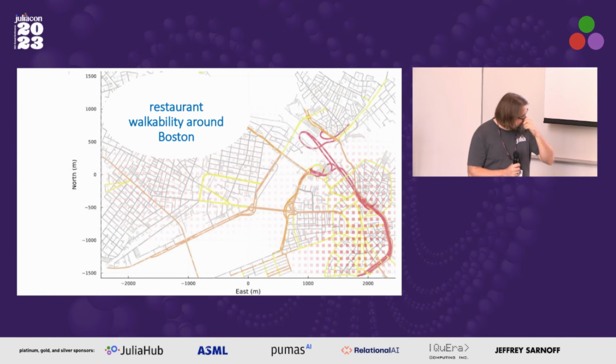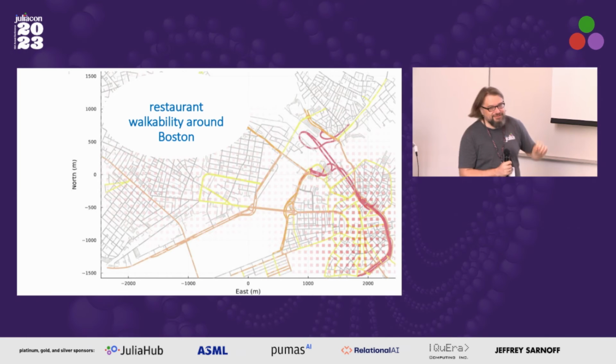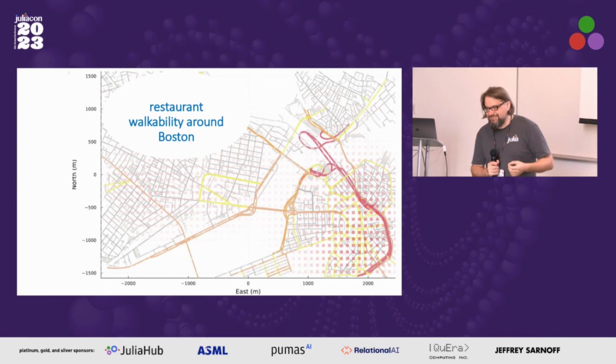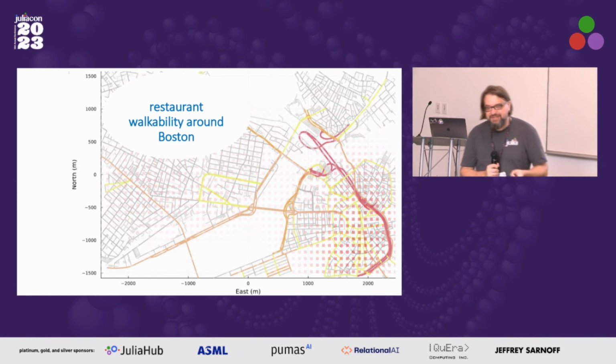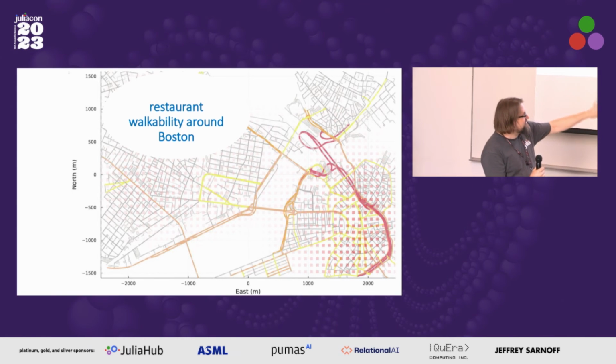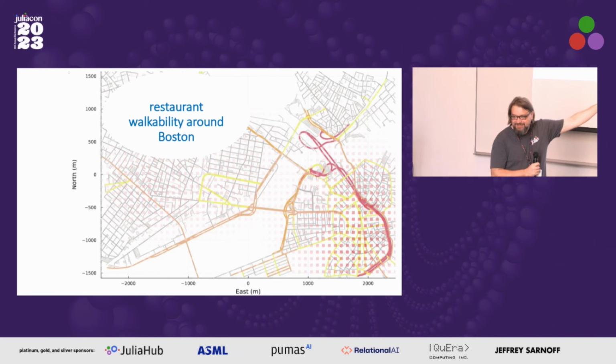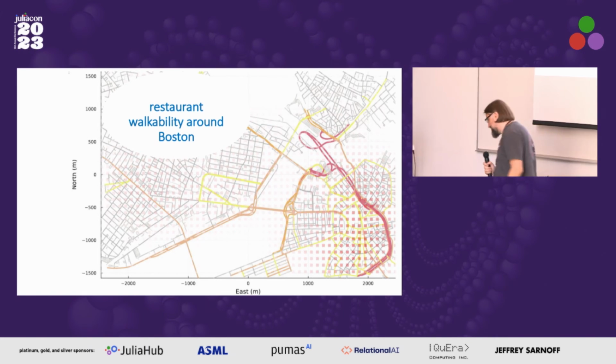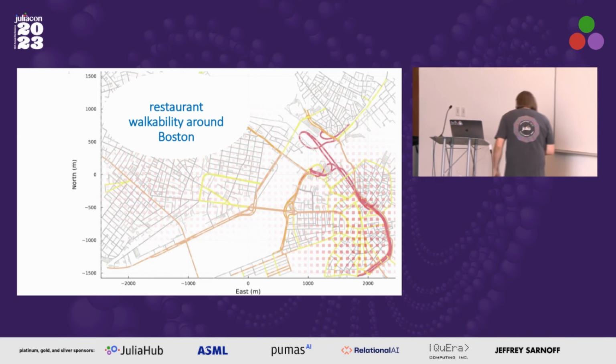This is a restaurant walkability: how many restaurants I have within some range. There are some ways to aggregate it, and you can see the intensity of color. Of course, all the restaurants here in Boston are in the downtown.